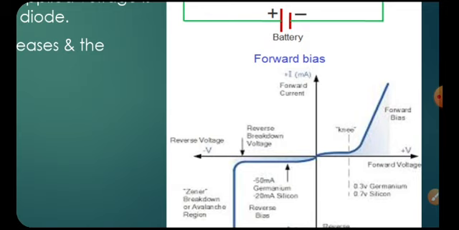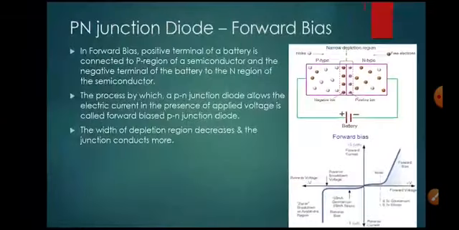Up to a certain voltage, the increase is exponential. After that, there is a sudden increase in the current. The voltage from which the current increases drastically is known as the knee voltage, or critical voltage.